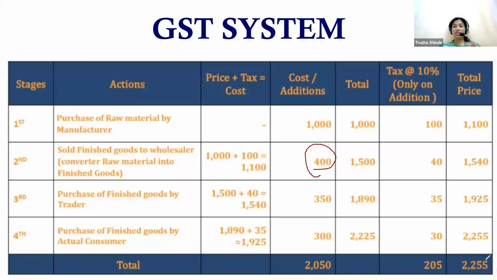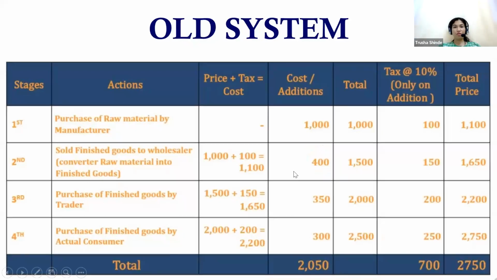Now, see the amount, 2255, and what was the amount of the old system? 2750. So the difference, you could see it very clearly. In your old system there was the double taxation part, that is the tax on tax.